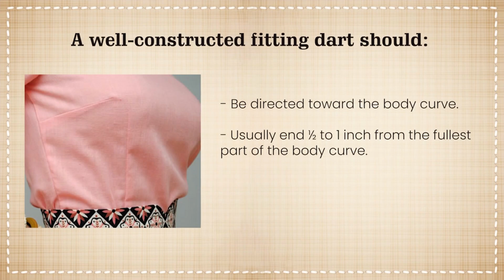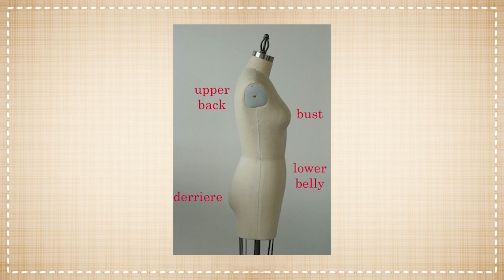A well-constructed fitting dart should be directed towards the body curve. It usually ends half to 1 inch from the fullest part of the body curve. In a body, you would see mostly the fullest part is either around the bust area on the upper garment or at the hip level in the lower garment.